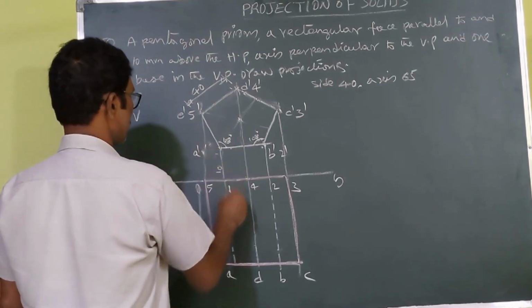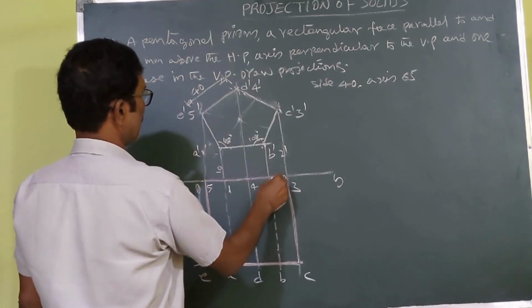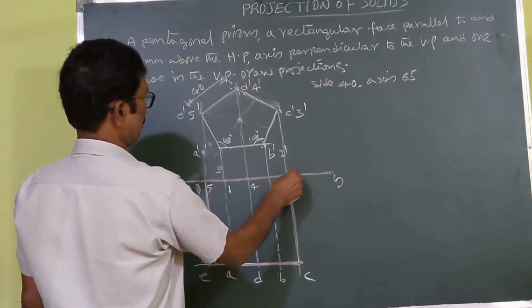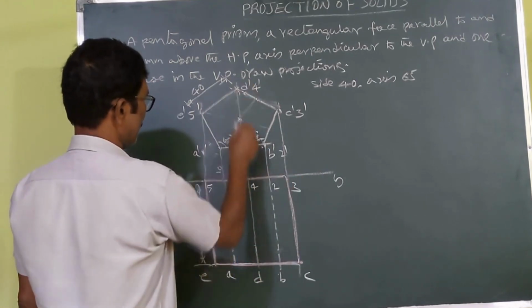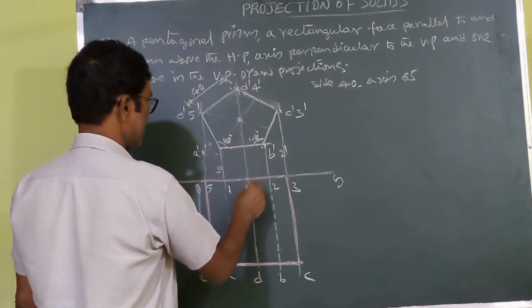A1 is not visible. 4D visible. 2B not visible. D4 is coming over the axis line. This is also visible.